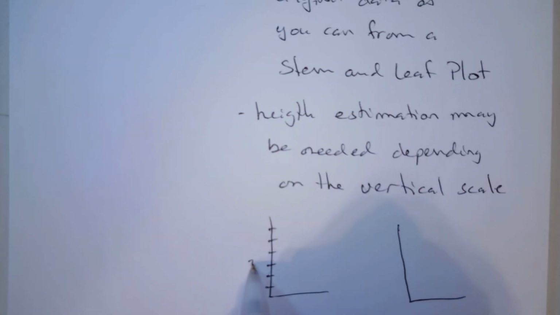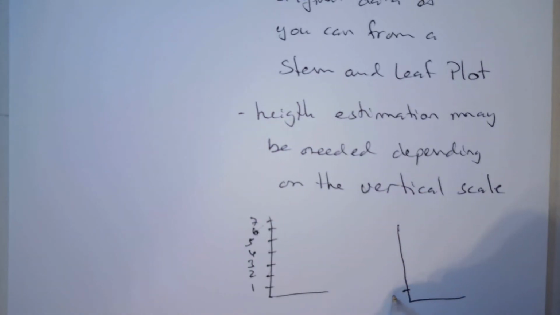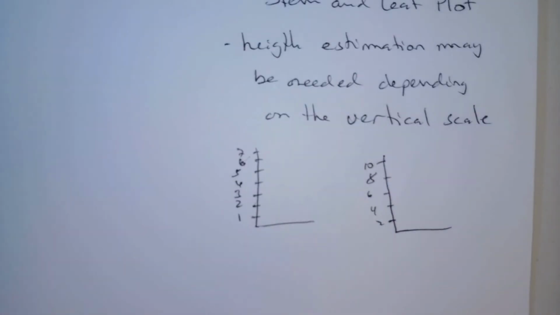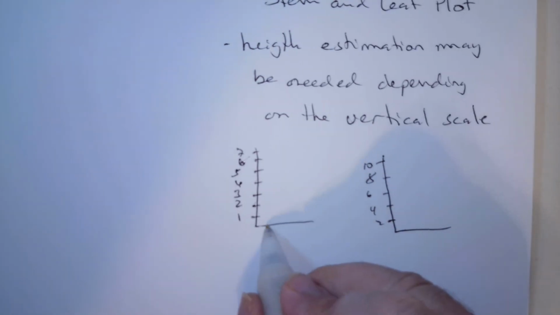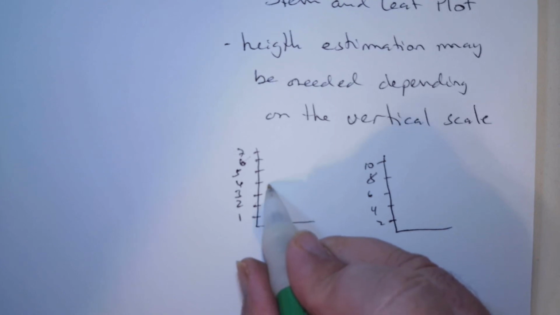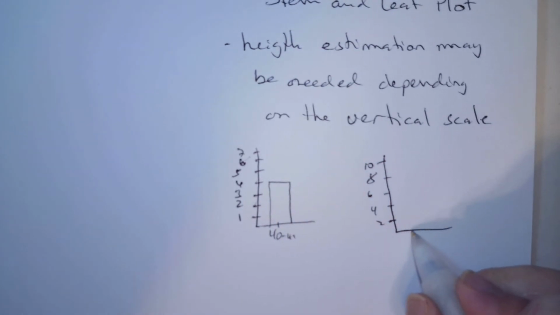I had 1, 2, 3, 4, 5, 6, 7. What if I had 2, 4, 6, 8, 10? Here, in the 40 to 49, I knew I had to go up 4 units. And this one here also.